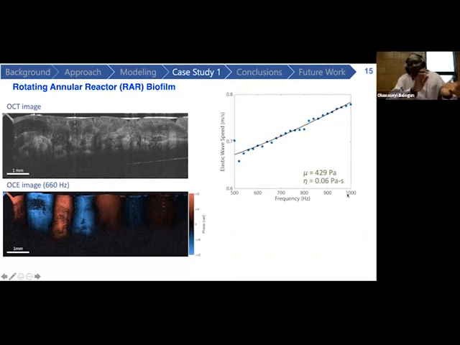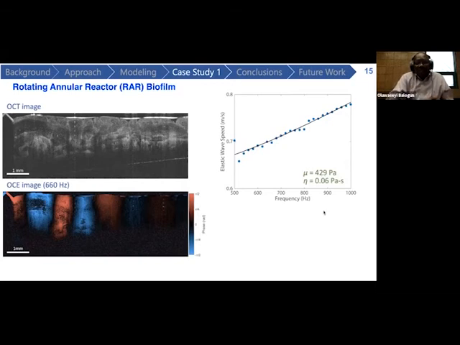And if you recall from one of the pictures I showed in the modeling section, particularly in regions where the wavelength is much smaller than the thickness of the biofilm, which indeed is the case within this frequency range, one should expect in an elastic solid a constant wave speed corresponding to the Rayleigh wave speed.